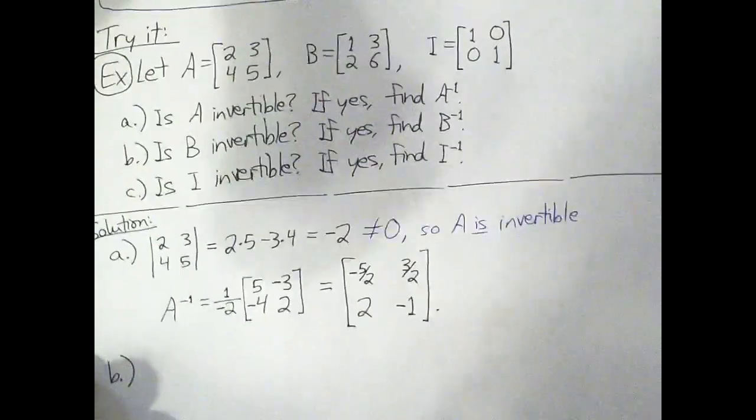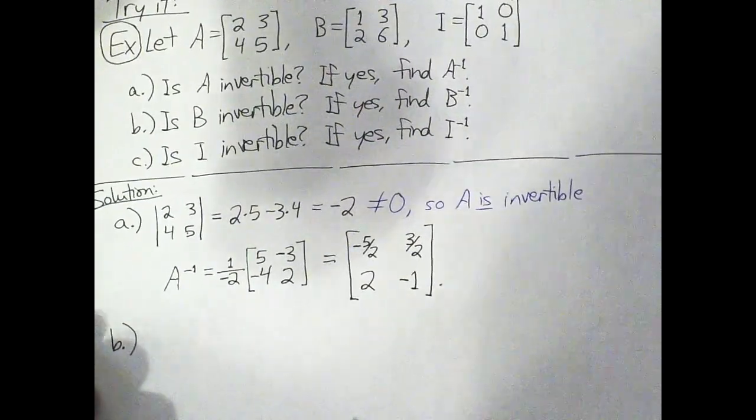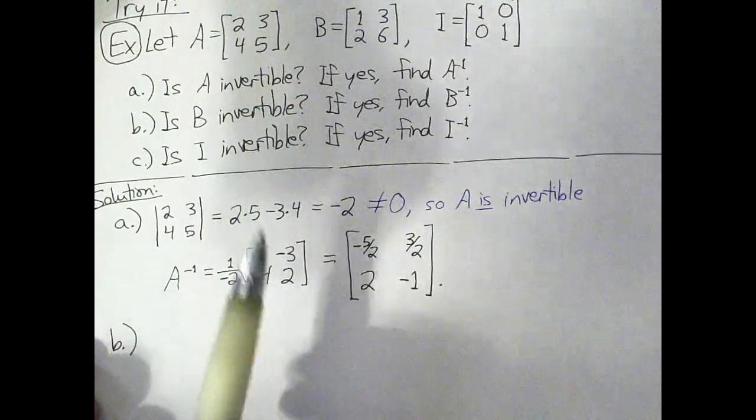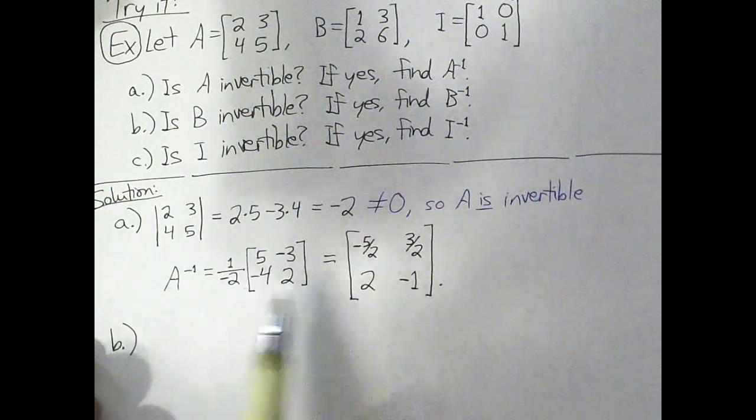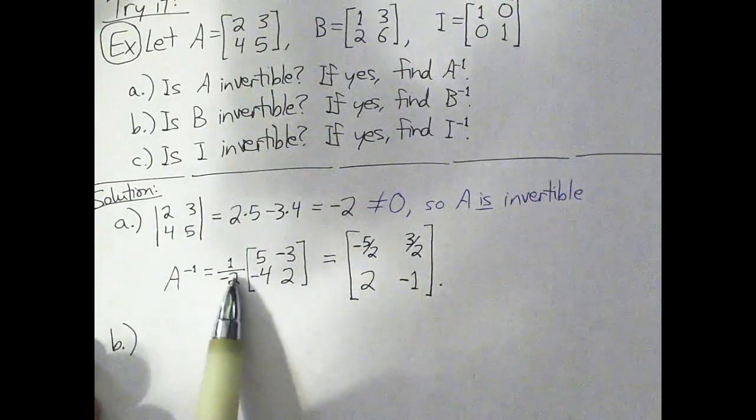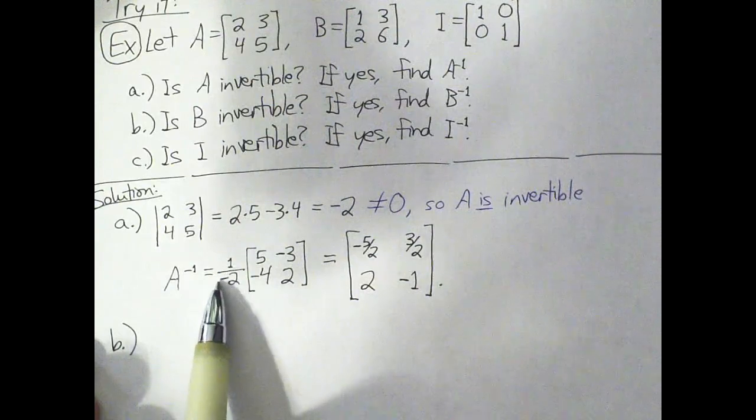For part B, before we start trying to find the inverse, let's find the determinant. You notice that if the matrix is invertible, you're going to need that determinant anyway. So you might as well just go ahead and find it first.